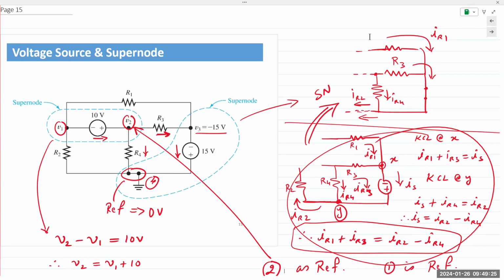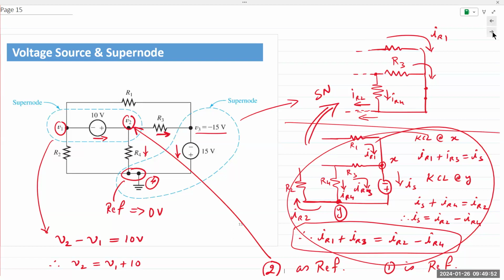The supernode, and then we'll have a supermesh, are shortcuts derived from the same equations. So again, efficiency purposes. All right, we good?